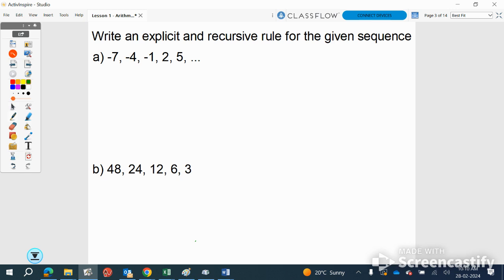So what's the recursive formula? A1 equals minus 7. AN equals AN minus 1 plus 3. And how is n defined? Every positive integer. What about the explicit? AN is equal to minus 7 plus 3 times n minus 1.